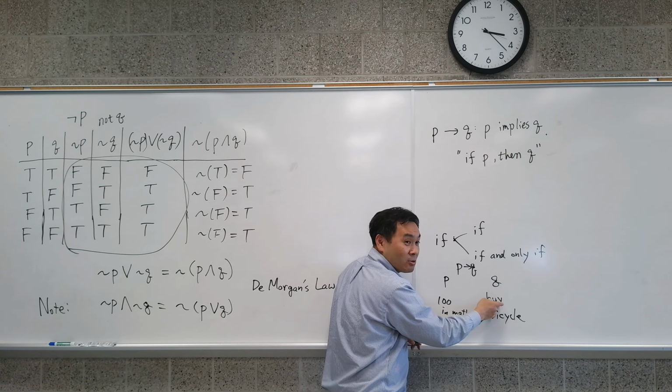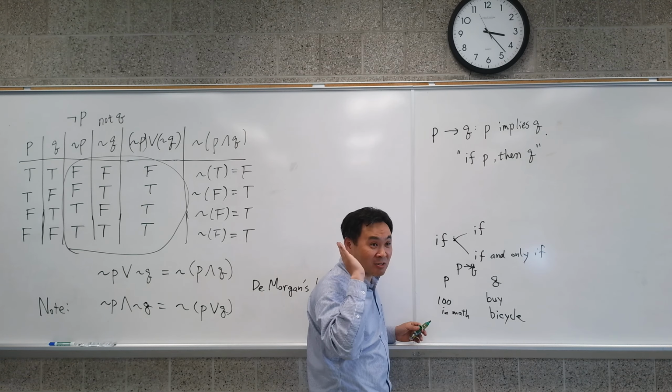Did he lie? What do you think? Kind of, right? Because the way we process English, if you get 100 in math, I'll buy you a bicycle, but then tacitly we assume that if not, no bicycle for you.